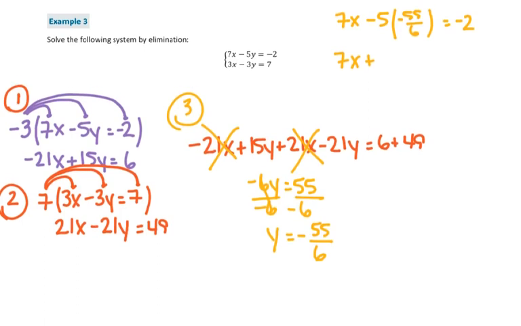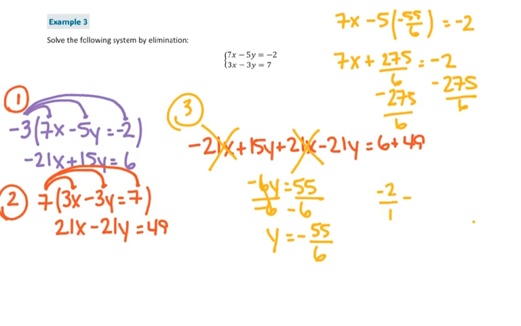So I've got plus 275/6 equals -2. Okay, and so now I have to do the super fun part, and I have to subtract 275/6 from both sides of this equation, and that's really not fun. I completely get that. So we've got -2/1, and we're subtracting 275/6.